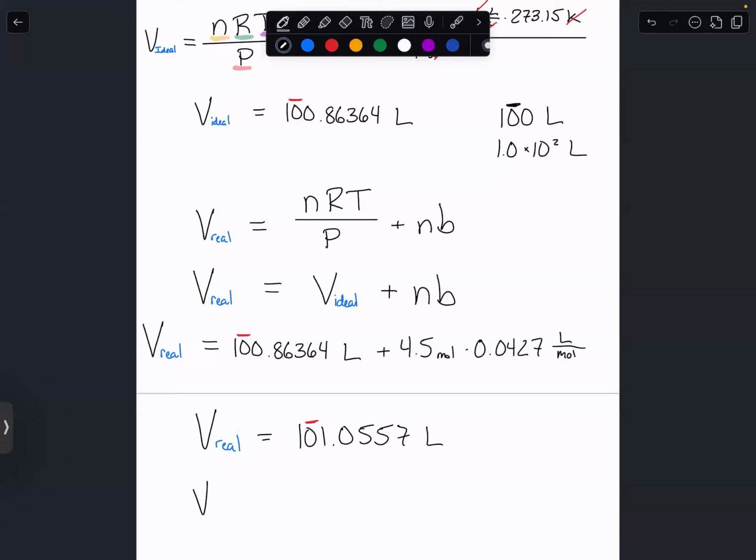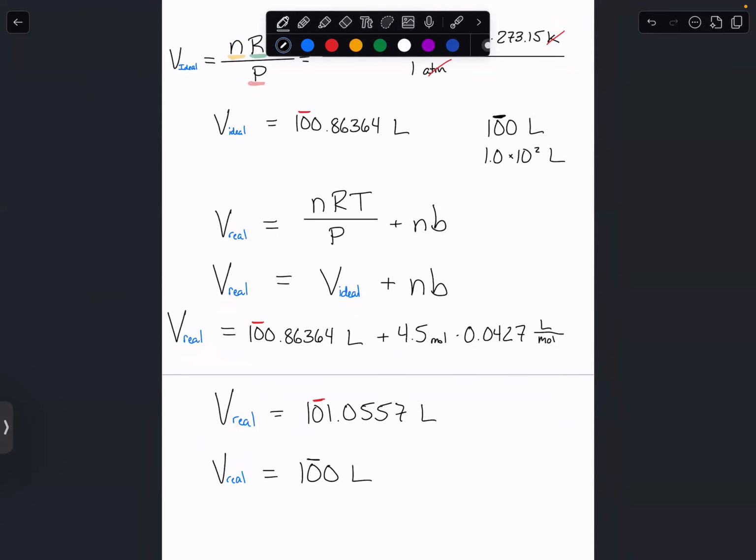So again, not really worth it to do your real gas approximation around standard temperatures. But if you have a very concentrated gas, all of a sudden it becomes much more important. Cool.